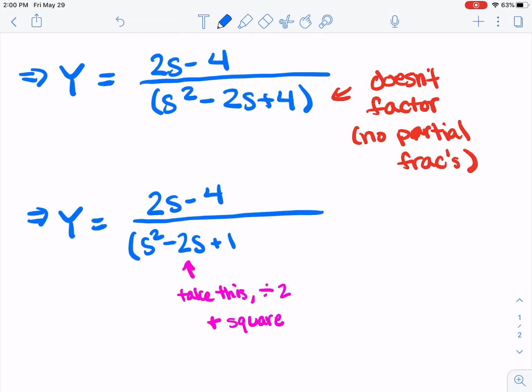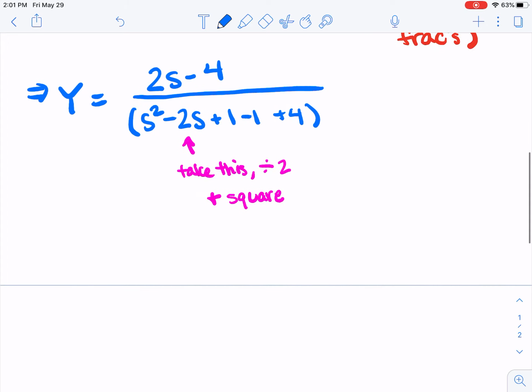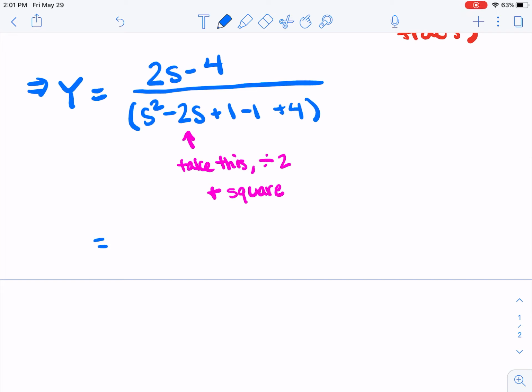And since we've added 1, we don't want to change the function we're working with, so we also subtract 1. And then we still have the plus 4. The point of that is that it allows us to write the denominator as a perfect square.